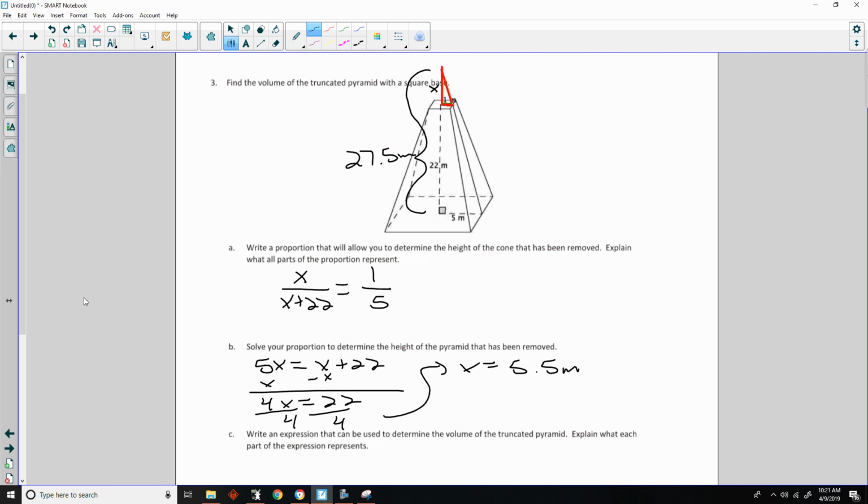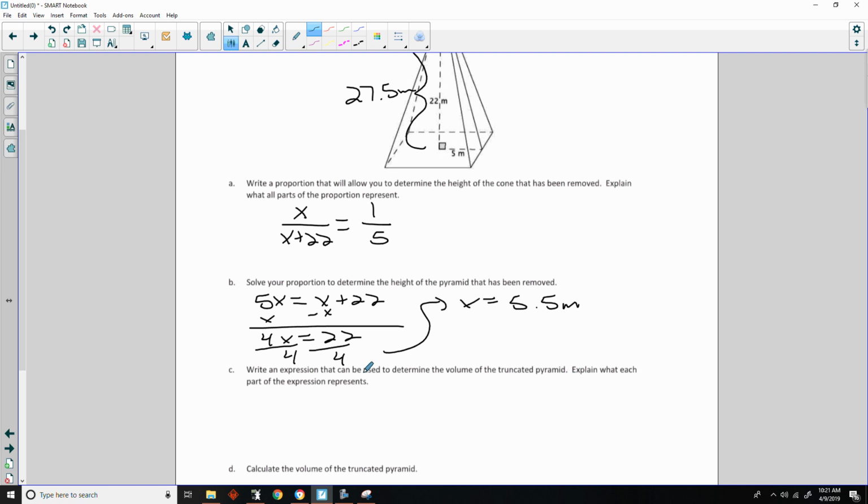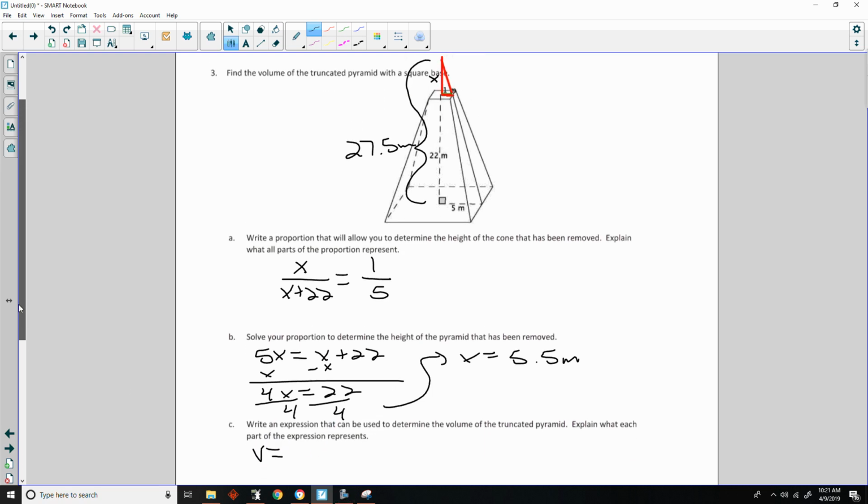Okay? Write an expression that can be used to determine the volume of the truncated pyramid. Remember, the pyramids are also 1/3 pi r squared. So volume is going to equal the volume of the whole thing, which is 1/3 pi, radius of 5, squared, times the height, which is 27.5.